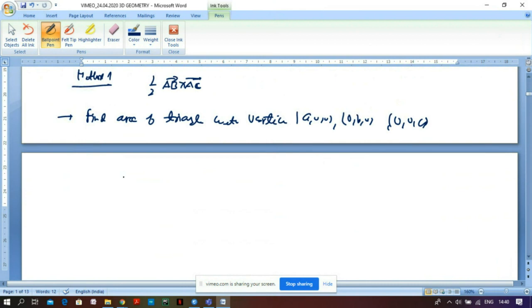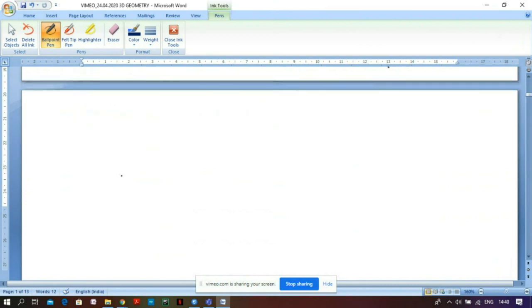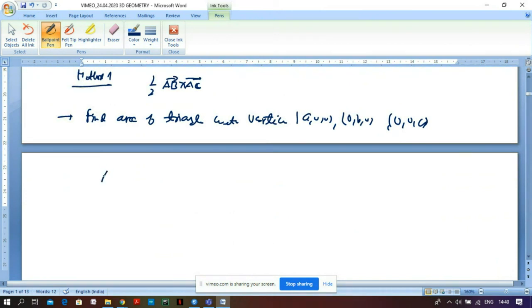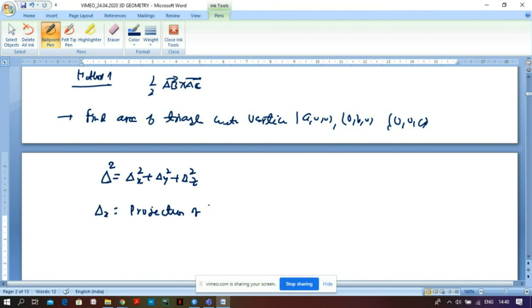We have one formula that says that if you want area of triangle, call it delta, then delta squared is delta x squared plus delta y squared plus delta z squared, where this delta x is nothing but the projection of triangle ABC on the YZ plane.